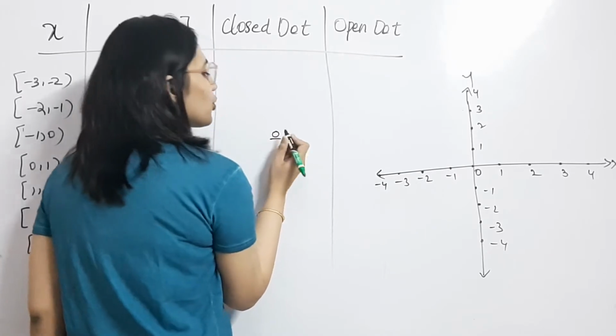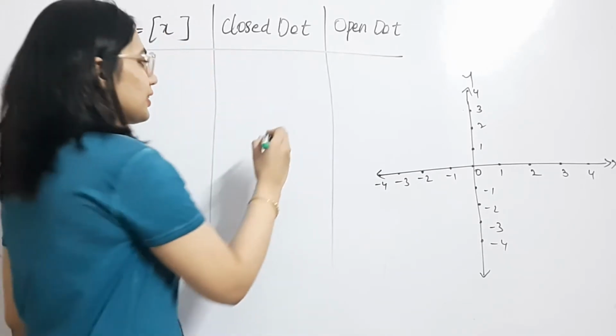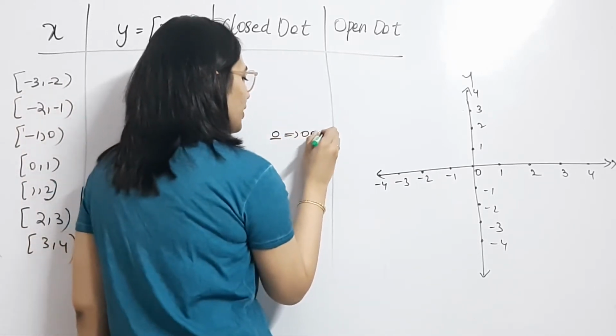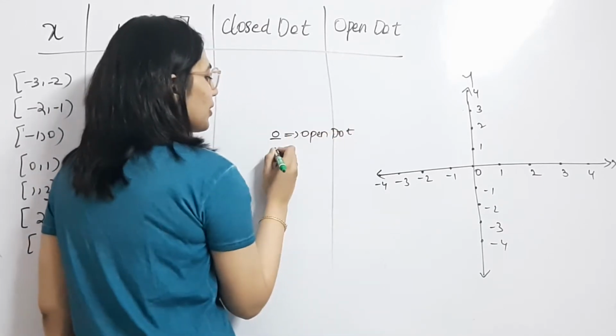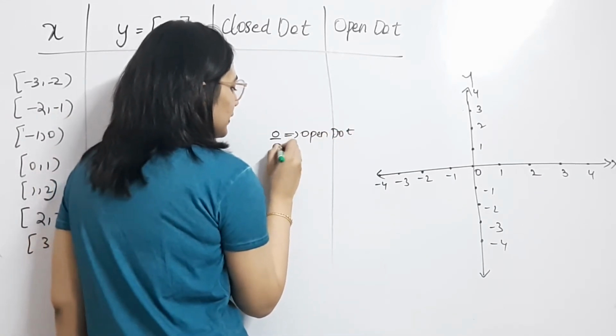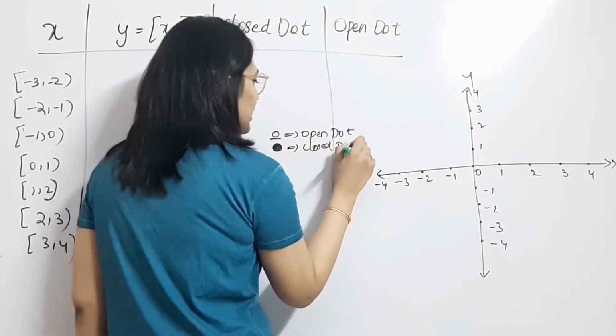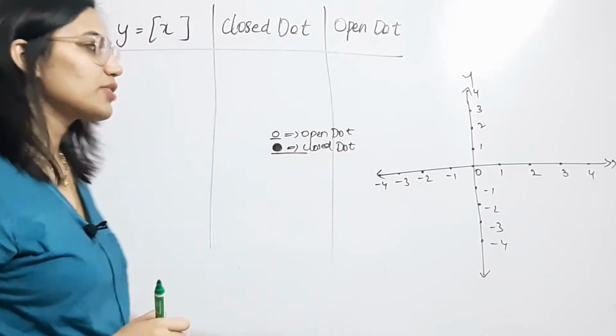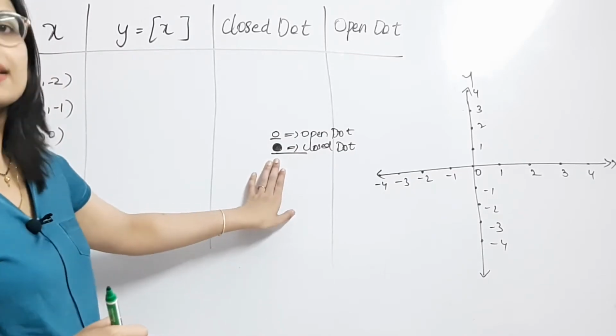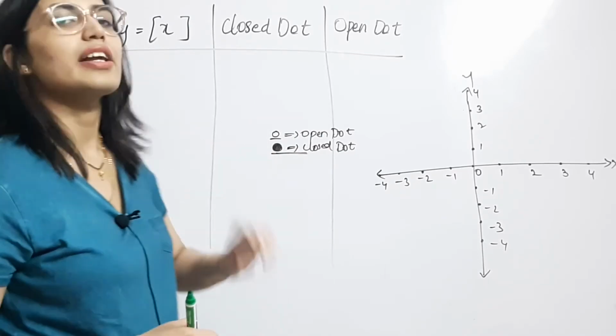If you do not fill that circle, then you call this an open dot. If you fill a circle, then you call this a closed dot. These two you need to remember. That means we are including this value as a result, but we are not including this value as a result.